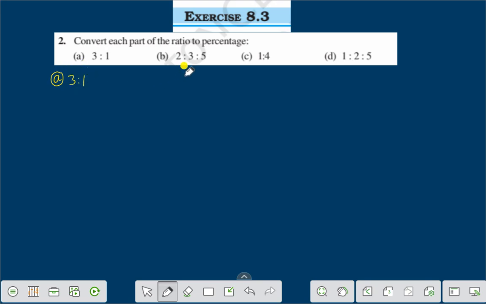That means we are given 3 plus 1, 4 equal parts. And this one is 3 is to 1. 3 parts means 1, 2, 3. Therefore, write it as 3 by 4 parts. And this one is 1. It is 1 by 4 parts.